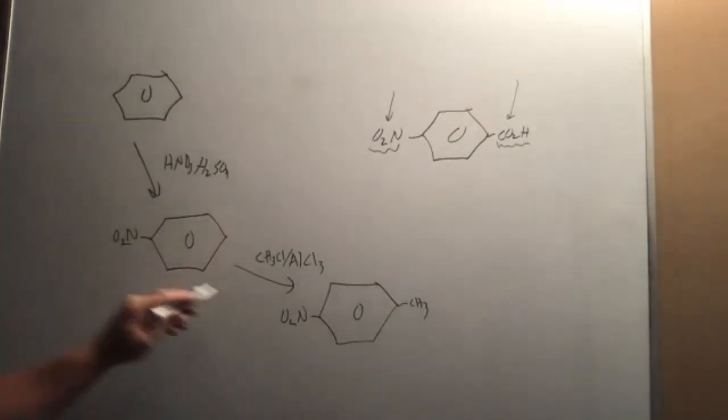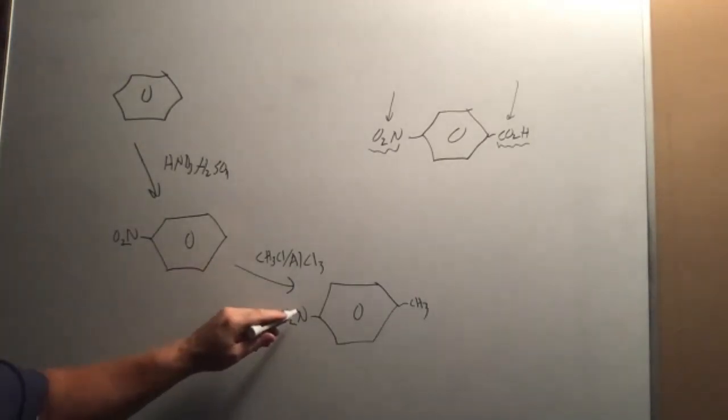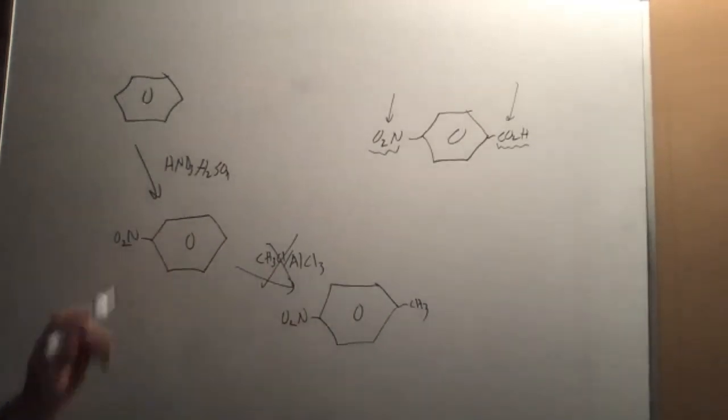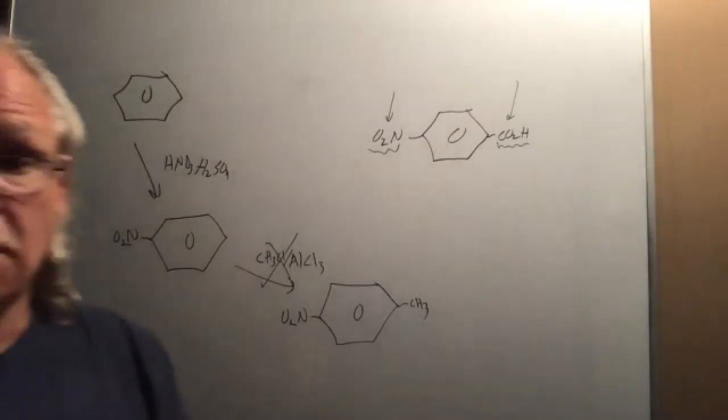Again, the nitro group is a meta-director, and it's a deactivating group, so this won't occur. So I can't put the nitro group on first. So this was a poor synthesis.